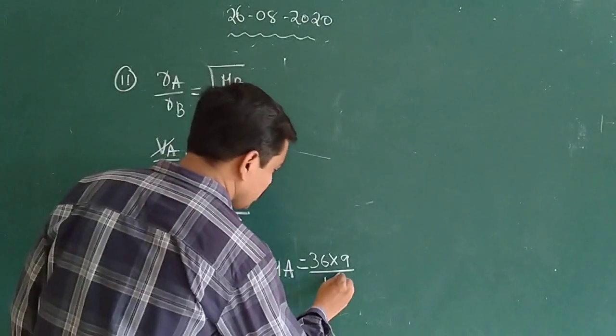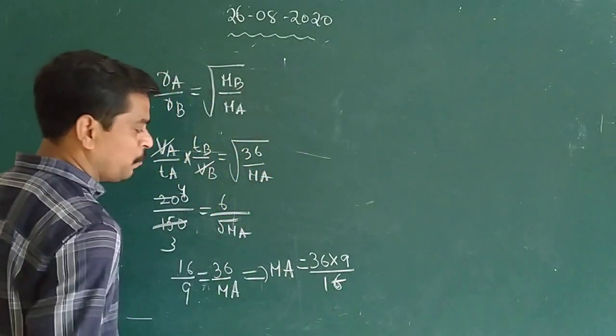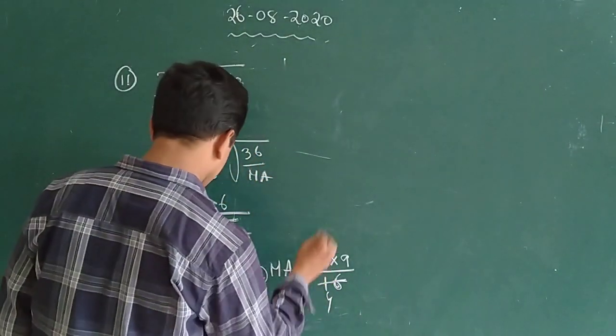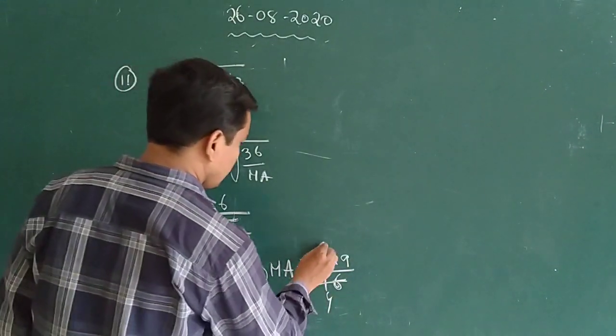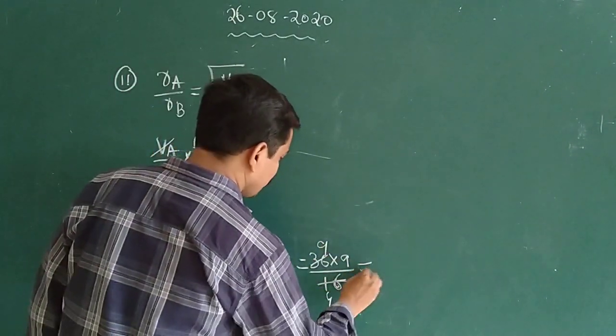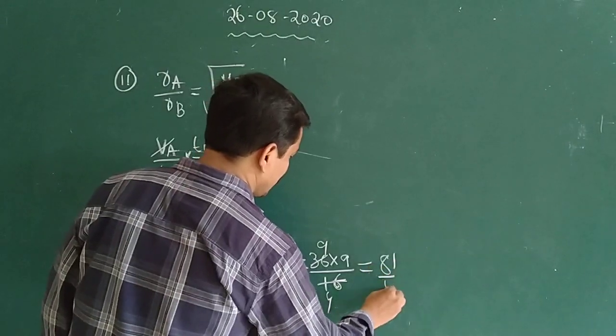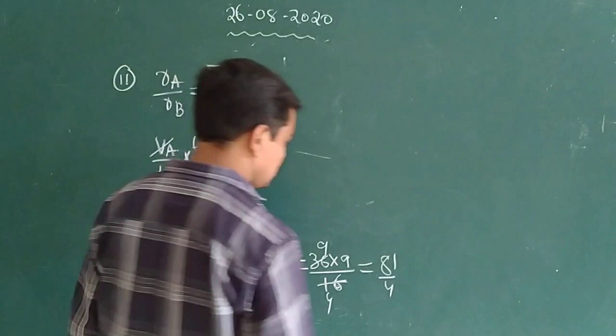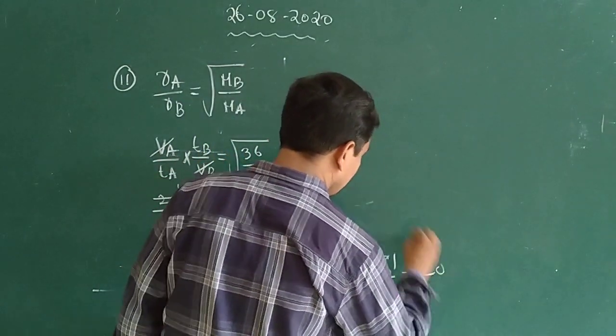So listen, students, 4 fours and 4 nines. That means 81 by 4, which is approximately 20.